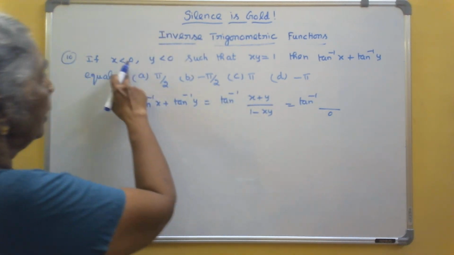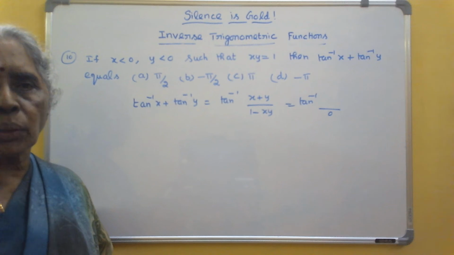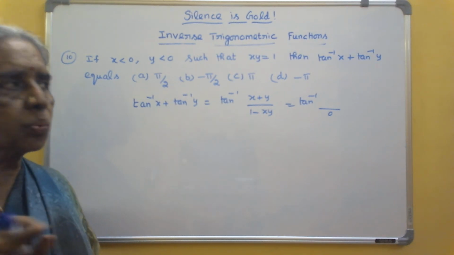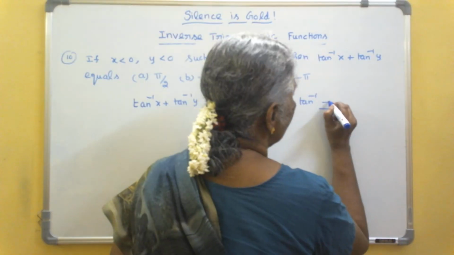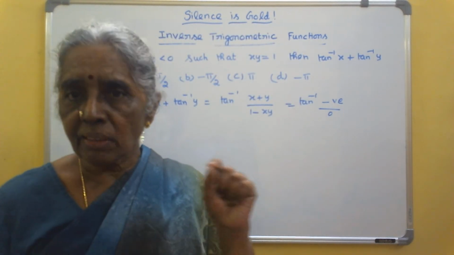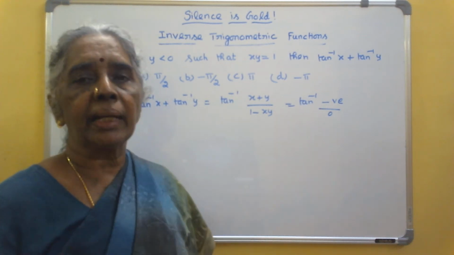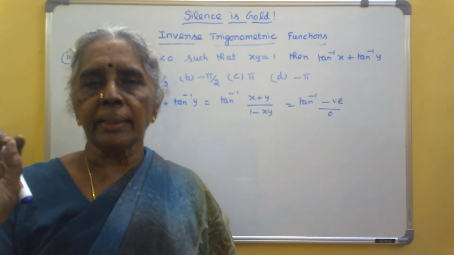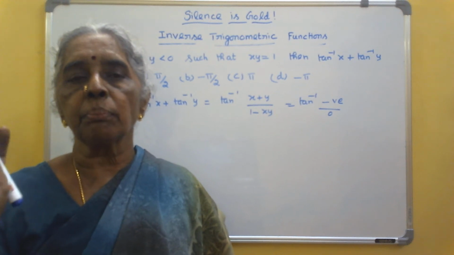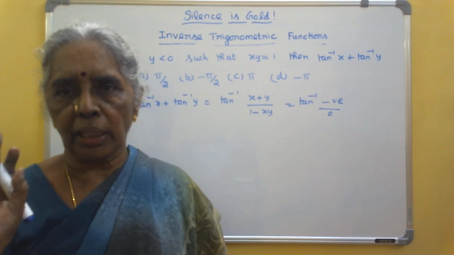Then, coming to the numerator, x and y both are less than 0. That means both are negative, so x plus y is also negative. So, here I will get some negative thing by 0. This sign is important because if you have a positive by 0, you will get infinity. If you get a negative thing by 0, you will get minus infinity. So, that sign plays a very important part here.